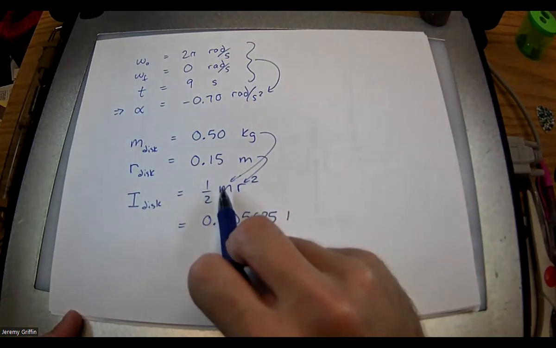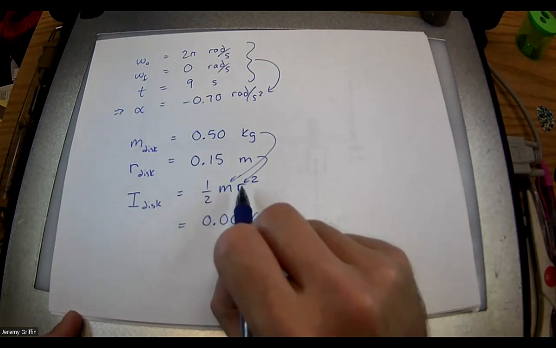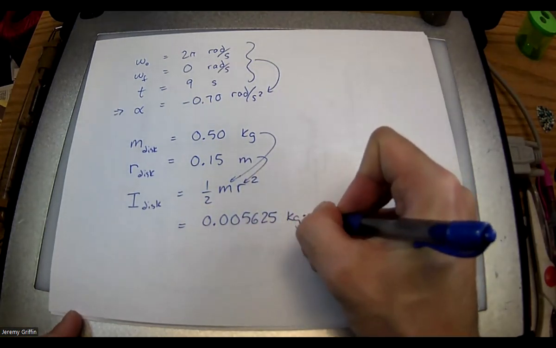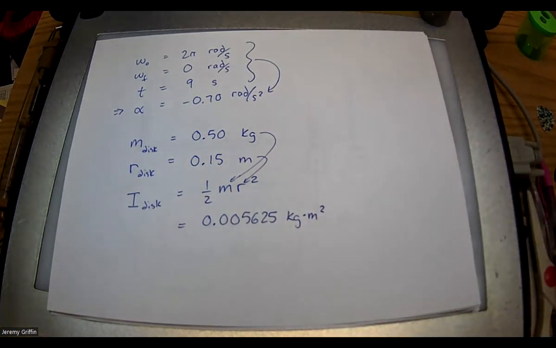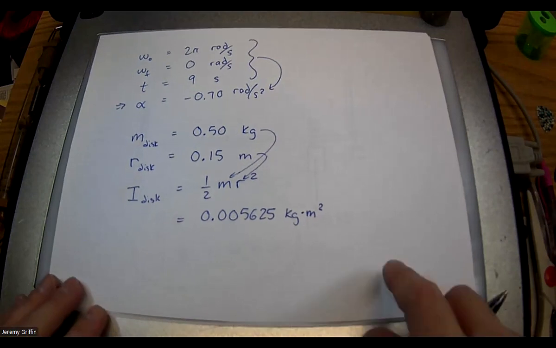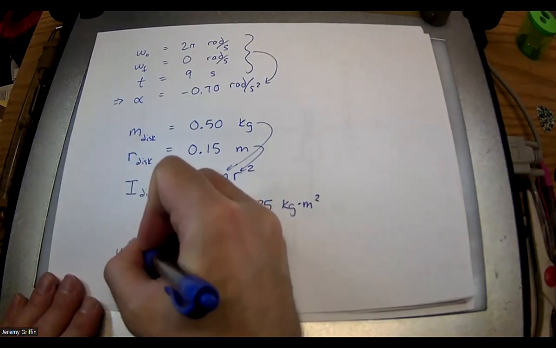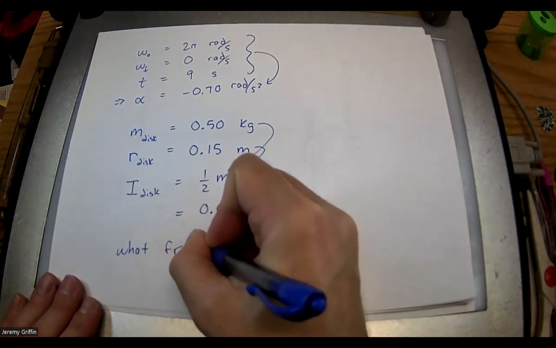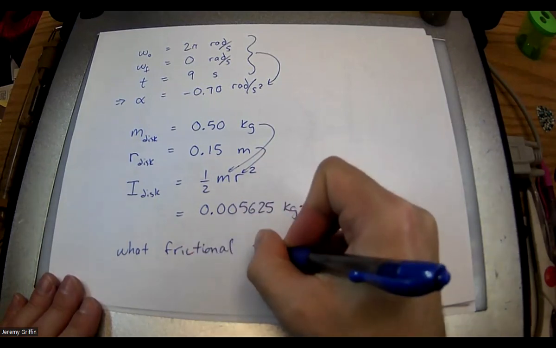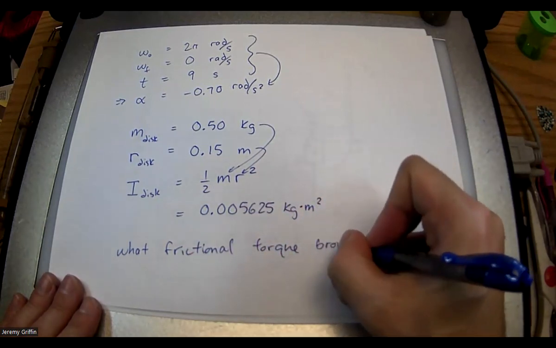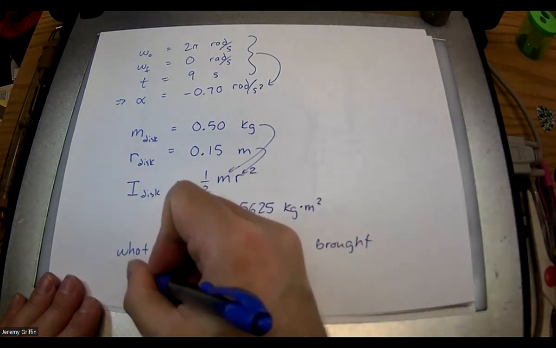Mass is in kilograms, radius squared, that's meter squared. Is that kilogram meter squared? Is that true? Just like your guys' lab yesterday, the answer was in kilogram meter squared, wasn't it? Okay. All right, so question. What frictional torque brought the turntable to a stop?